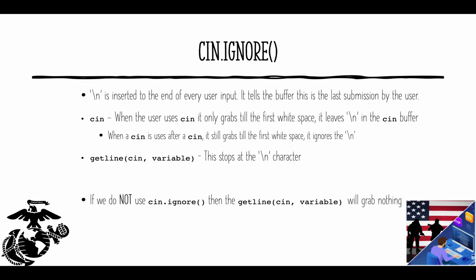It's going to grab nothing, because the first thing that it reads in the buffer is the new line character. So if we do not use the cin.ignore, then the getline will grab absolutely nothing, because the first thing in the buffer is the new line character.